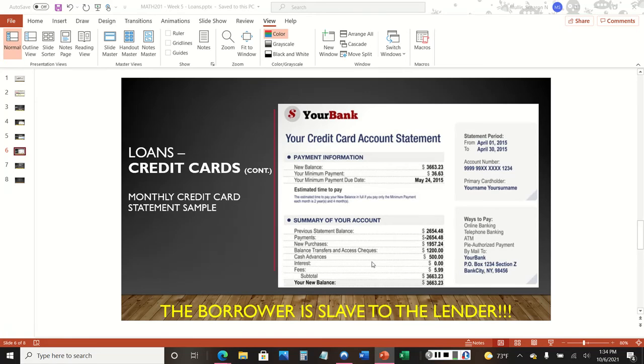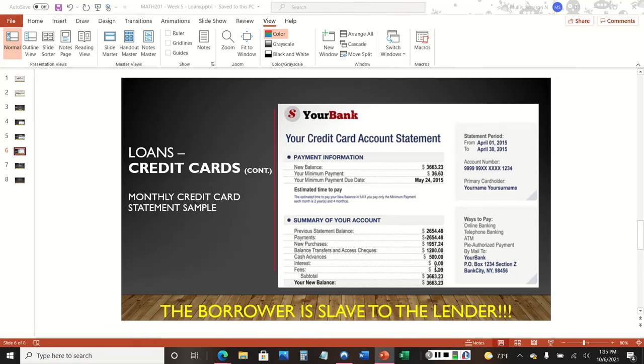And then you have your payment due date, which is when the minimum payment is due. And the thing with the minimum payment, they say you can pay this small amount by a certain date so you don't get charged a late fee. But the less that you pay on the balance means the more that you're going to pay in interest. And you see right here, it lists the interest.